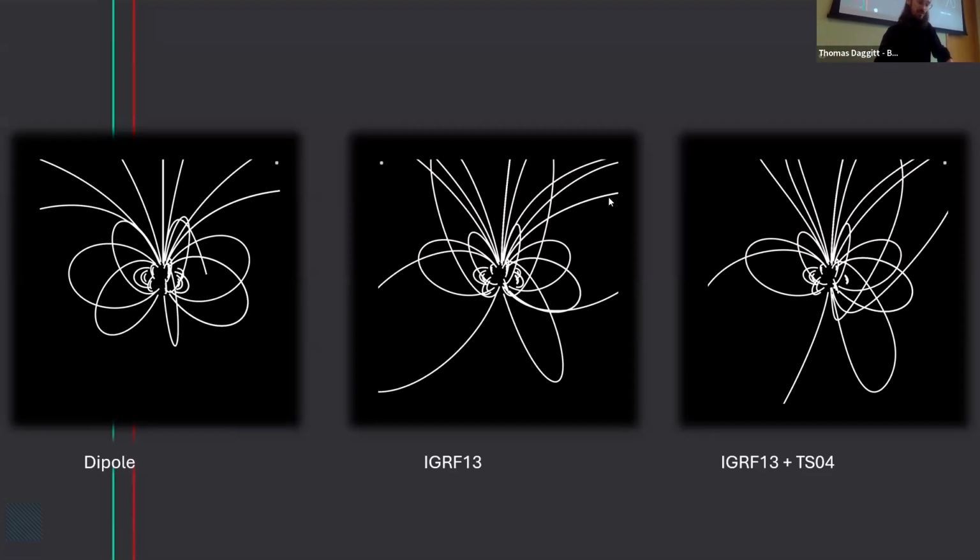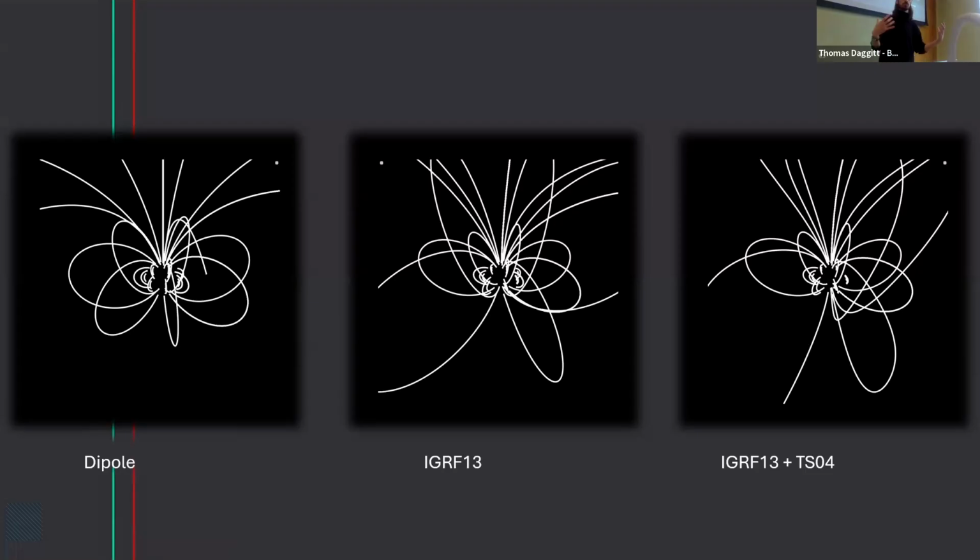So this is just a comparison of a few magnetic field models. On the left, we've got a dipole field model, and this is the first time I got field line tracing working. So it's integrating the equation of the field line through any given magnetic field model. The middle is the International Geomagnetic Reference Field.